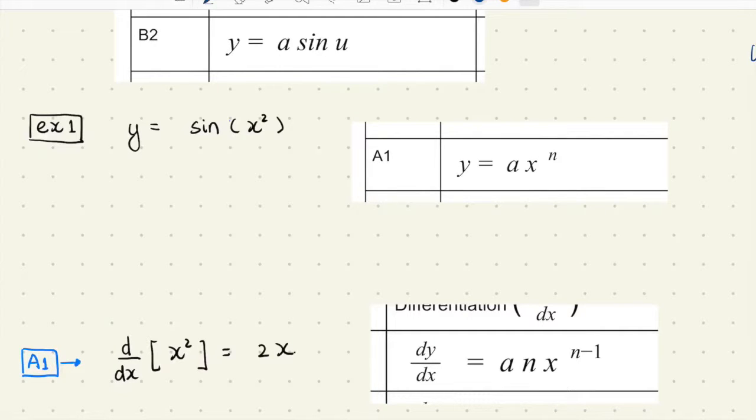So the whole equation here, we apply formula B2 like this. Then for U, in this case x squared, we apply formula A1. In this case, A equals 1, N equals 2.